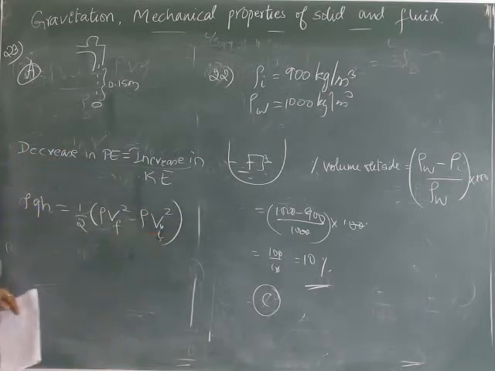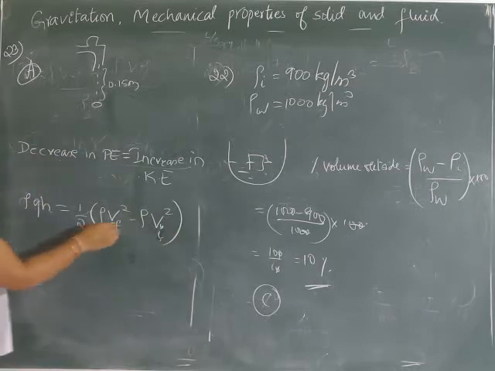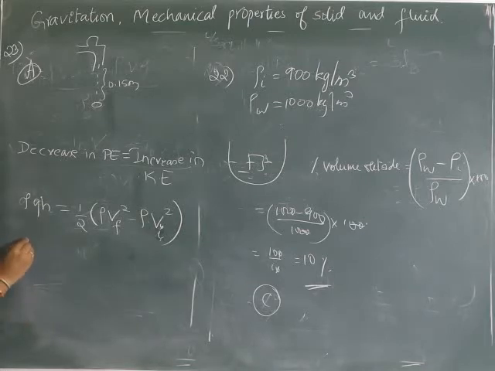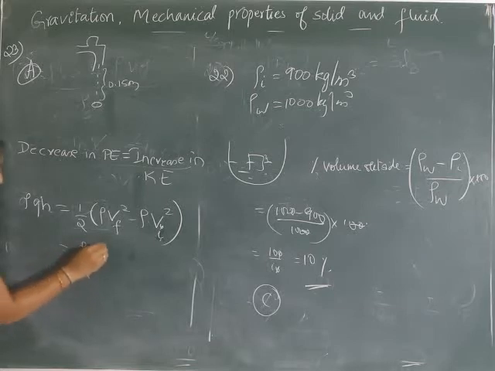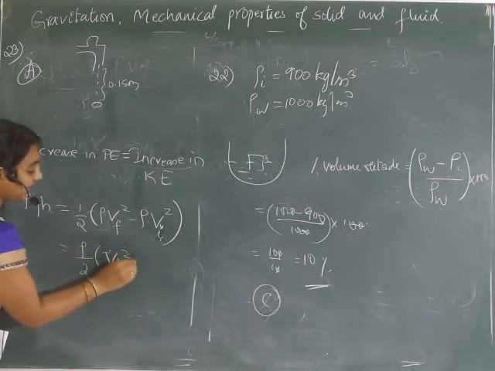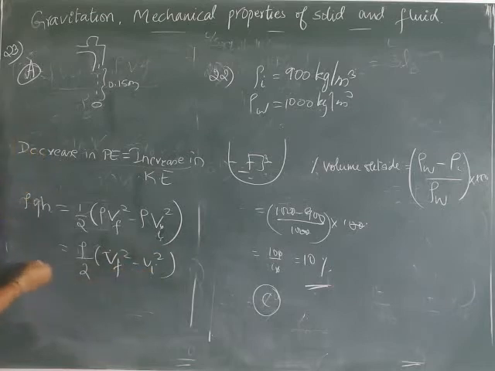If we do this difference, then we will get increase in kinetic energy. So rho GH, rho is common, by 2 Vf square minus Vi square is equal to rho GH. Rho gets cancelled.